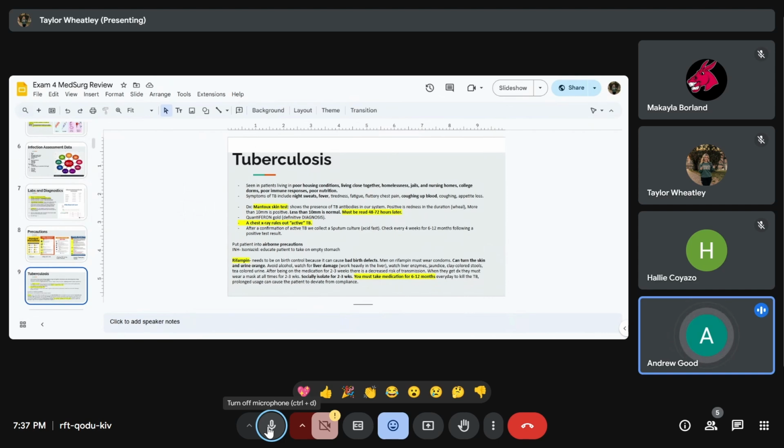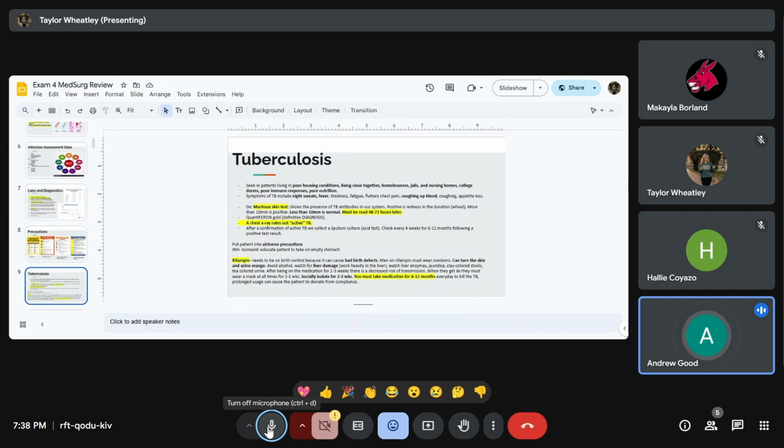It's a definitive diagnosis. Chest X-ray rules out active TB, and then a sputum culture is done after the chest X-ray for further confirmation of active TB, and is checked every 4 weeks for 6 to 12 months following a positive test result. So, cannot stress enough: put the patient on airborne precautions.